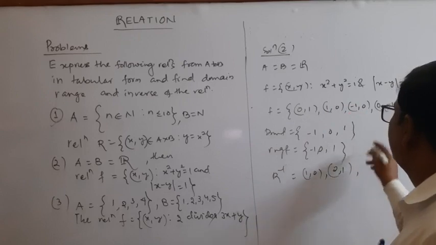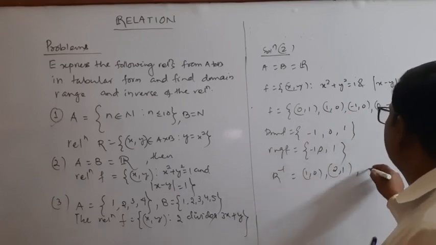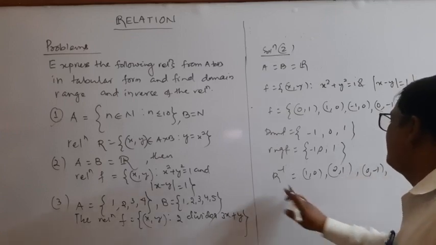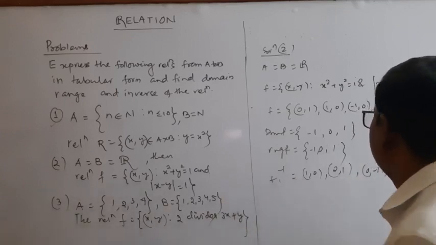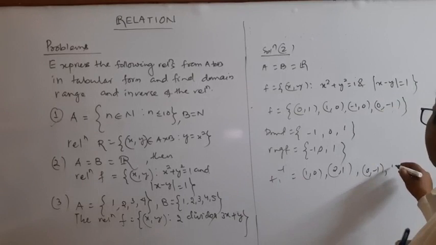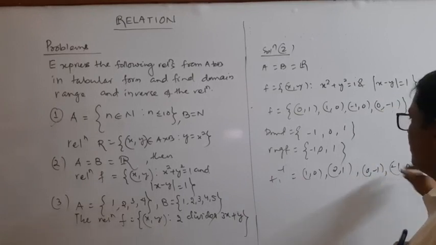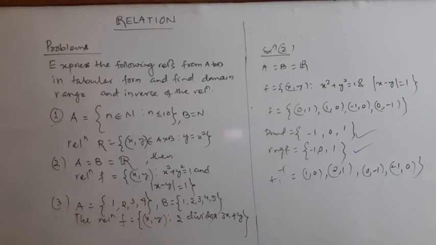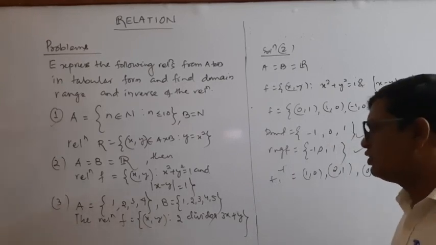Same thing. (-1, 0), (0, -1), same thing here. Here dom f equal to range f, and the relation is equal to its inverse. Question number 2 is completed.